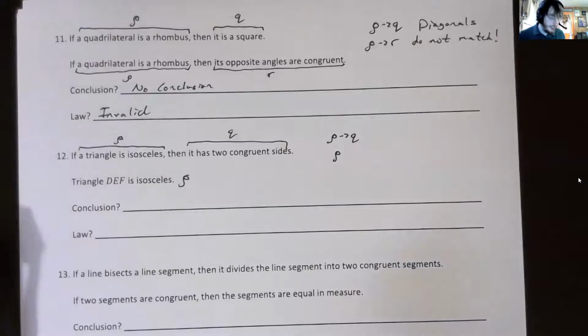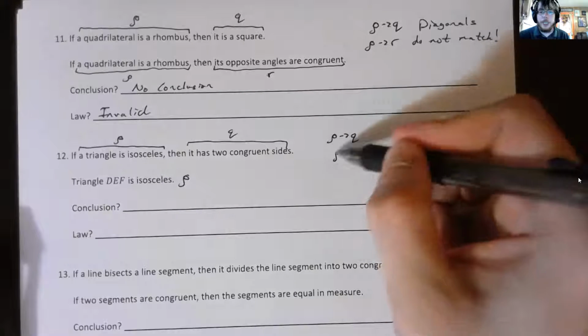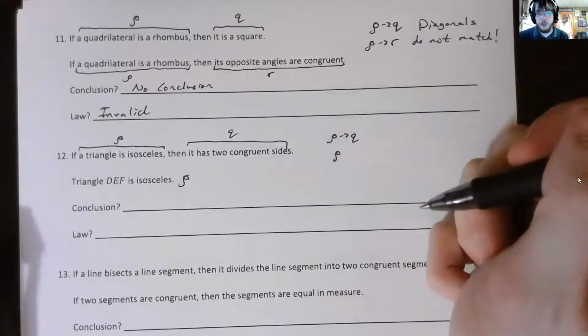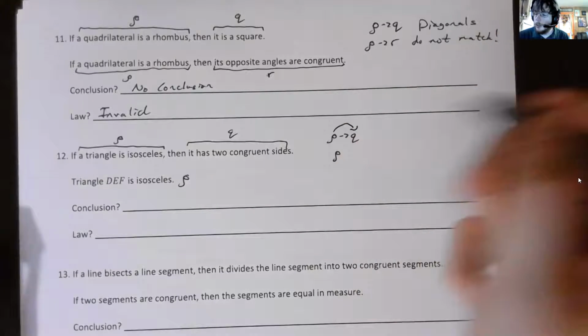We only have one if-then statement this time, so we're going to be looking to see if we can use the law of detachment. And the law of detachment states that the hypothesis needs to be true in order to show that the conclusion is true. So here our hypothesis is P. P is our statement that's said to be true. Therefore, this works because we can work forward.